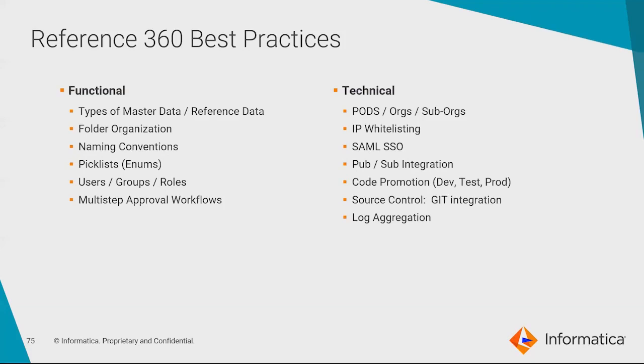On the technical side, we have pods, orgs, and suborgs. So pods is a point of deployment. Orgs is the organization that you publish to. You have your assets there. You have your CDI, your CAI, and now Reference 360 assets.